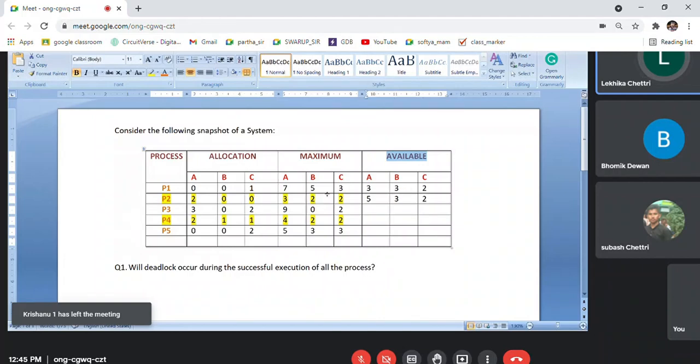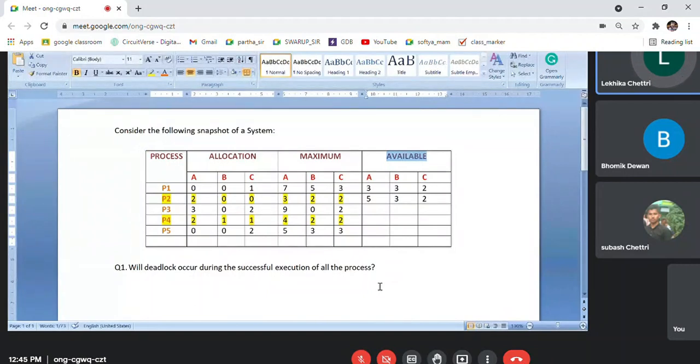Initially you'll have to search one by one. You'll have to compare whether maximum is less than or equal to available. In the code, you'll have to write if max is less than or equal to available, then go inside your if block, else go to the next block.